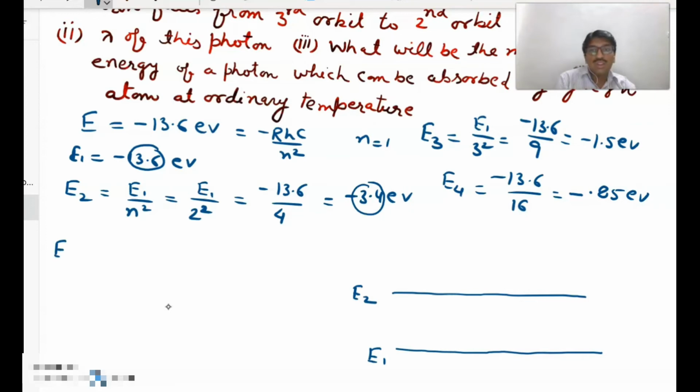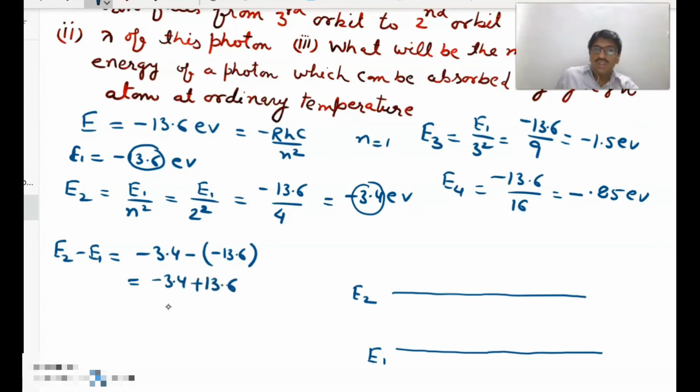We can see E2 minus E1: E2 is minus 3.4, minus 13.6, that should be equal to minus 3.4 plus 13.6, which is 10.2 electron volt.